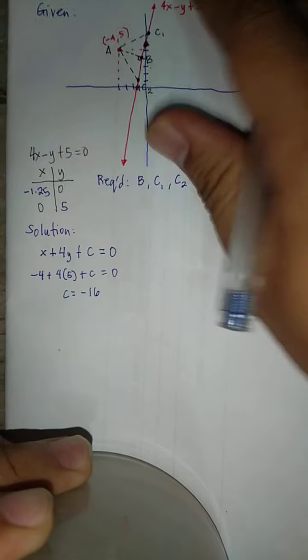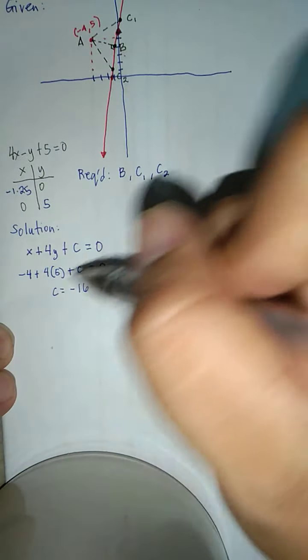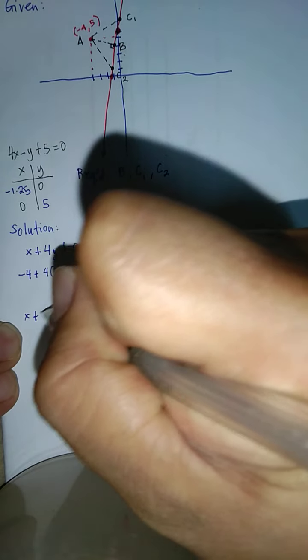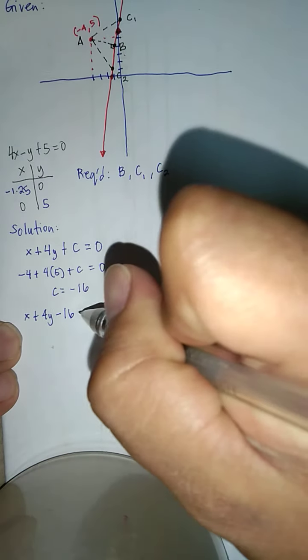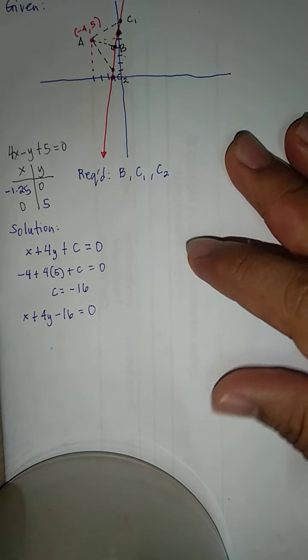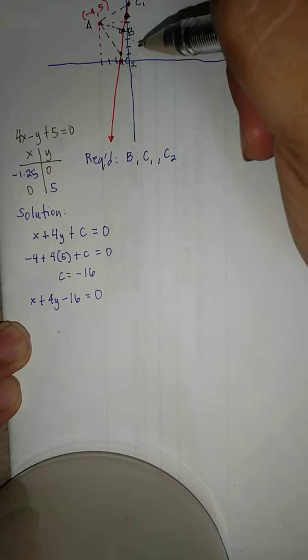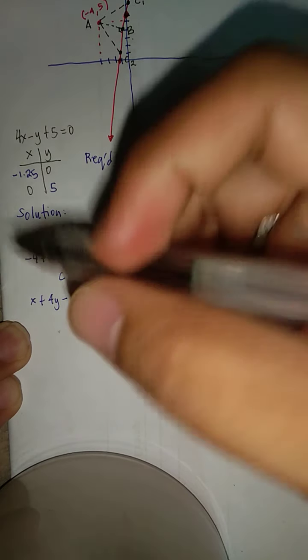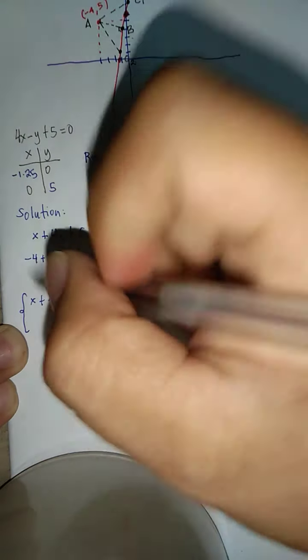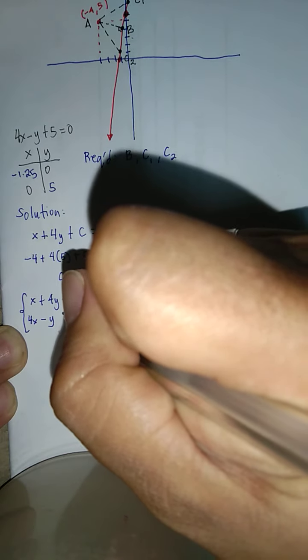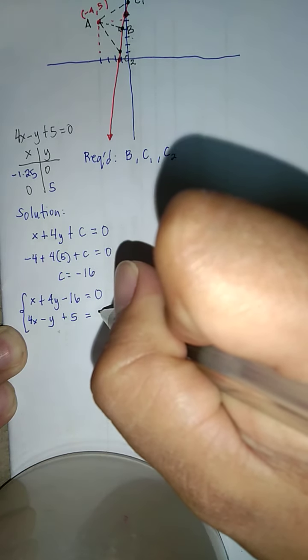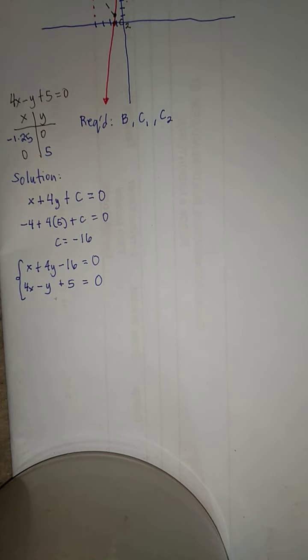So the equation of the line that passes through AB is x + 4y - 16 = 0. Next, we need to find its intersection with the original line. So let's have a system of equations with the given line 4x - y + 5 = 0. We're going to use the elimination method.